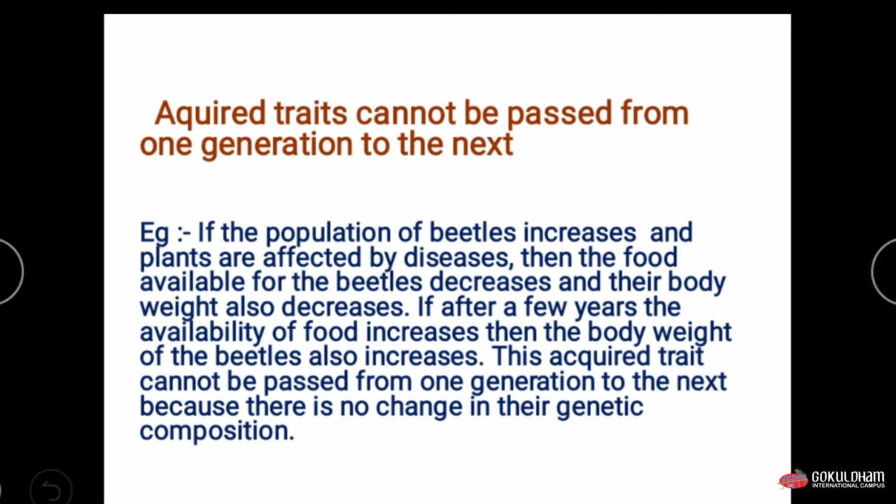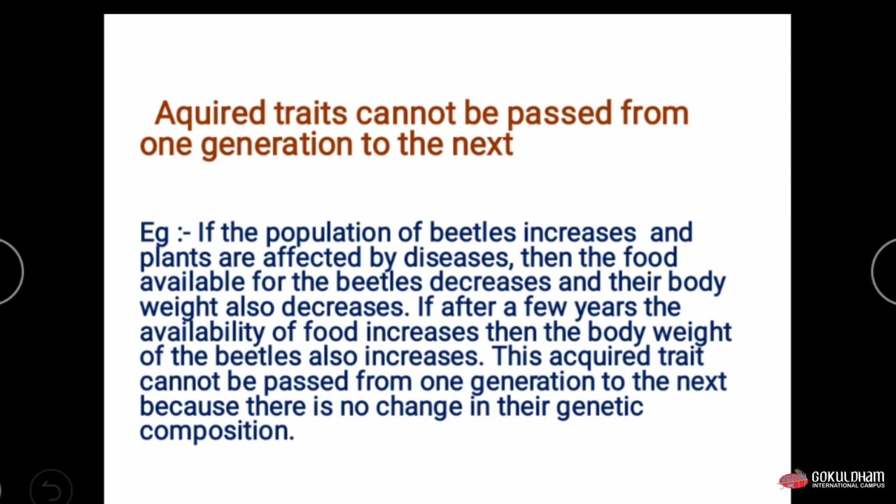Then the food available for the beetles decreases, and due to this their body weight also decreases. If after a few years the availability of food increases, then the body weight of beetles also increases. So here the decrease in body weight of the beetles is known as an acquired trait.